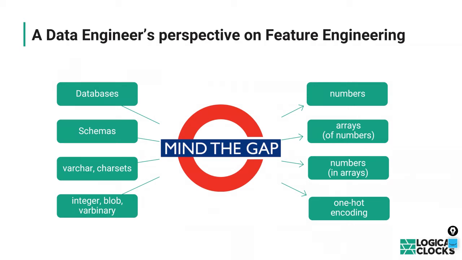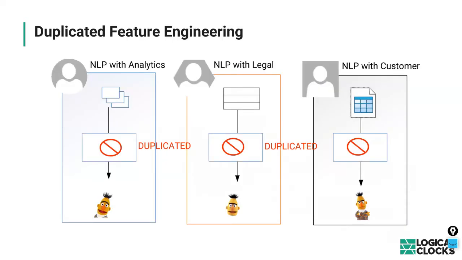It will have schemas, or it will not have schemas, and it will have missing values that need to be imputed. But we also need to transform that data into the numerical data we typically use in machine learning. So arrays of numbers, NumPy arrays, maybe TensorFlow record data. We need to take varchars and one-hot encode them, and we need to make our numerical data usable in the models we're going to train. So the feature store is going to try and close that gap.